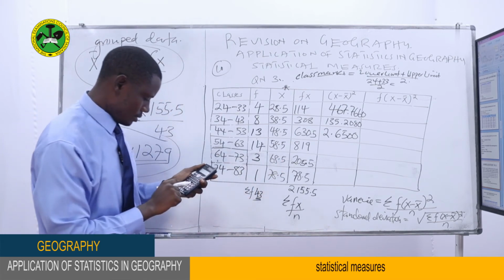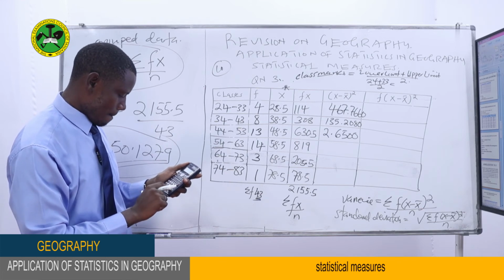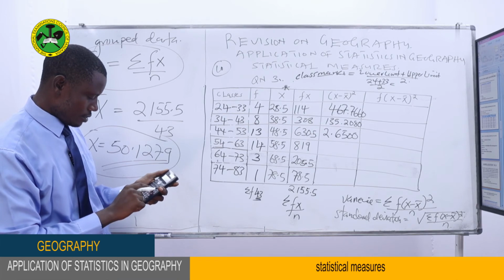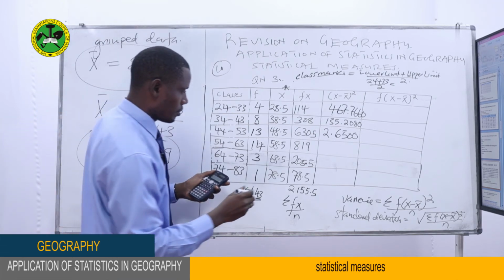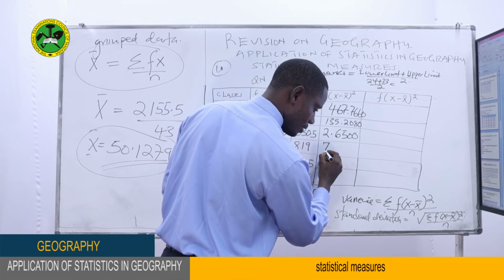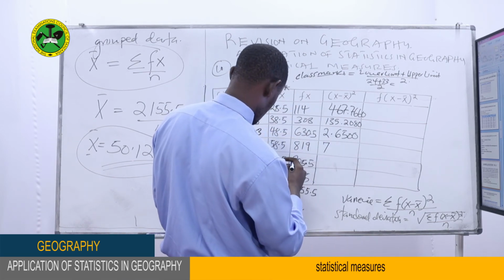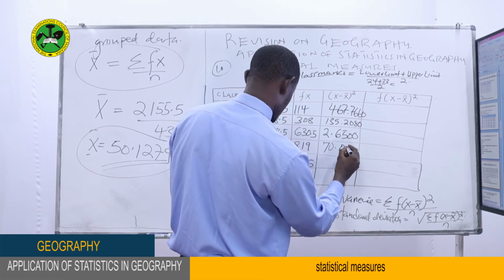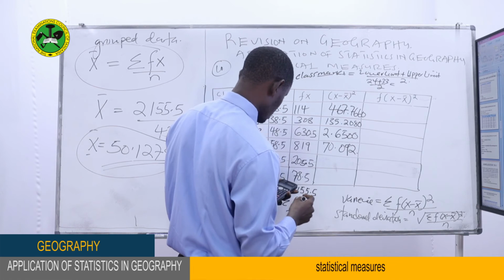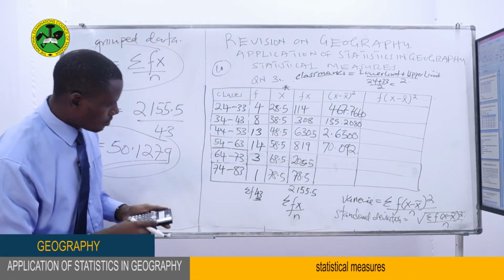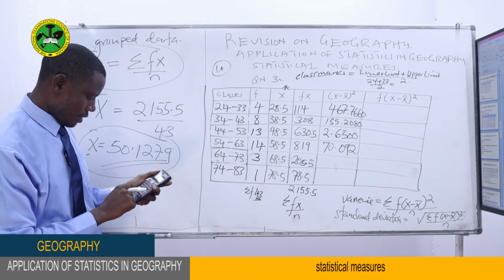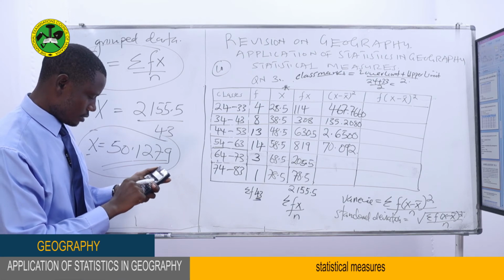Then we go for the next column, that is bracket. So we take 58.5 minus the mean, that is 50.1279 bracket square. Then we come up with 7.090. And then we go for the next column, that is bracket 68.5 minus 50.1279 bracket square.